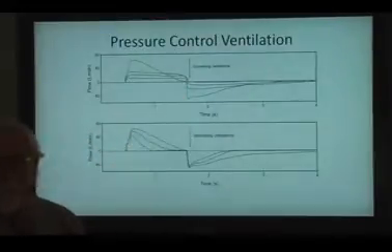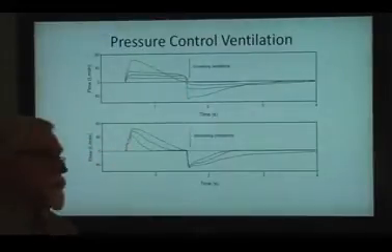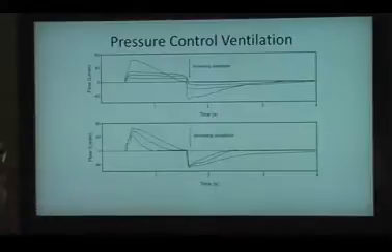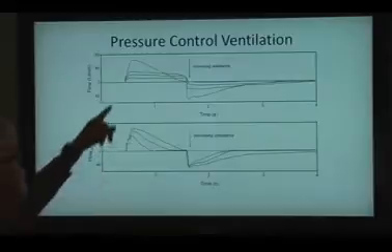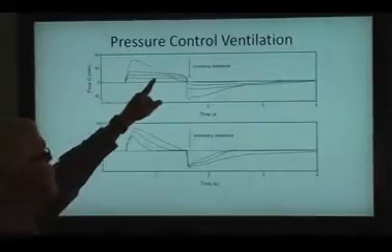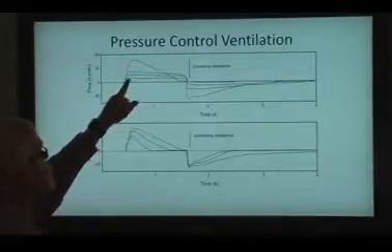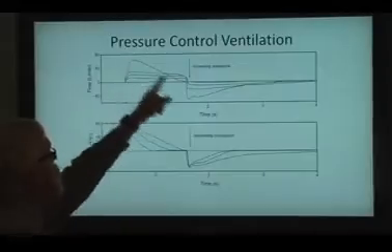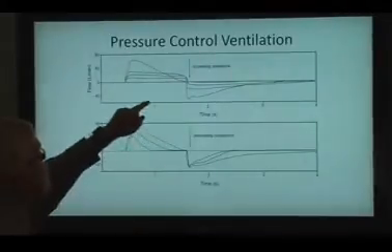In patients with severe airways resistance, such as with asthma or COPD, the flow looks like a constant flow rather than a descending flow.